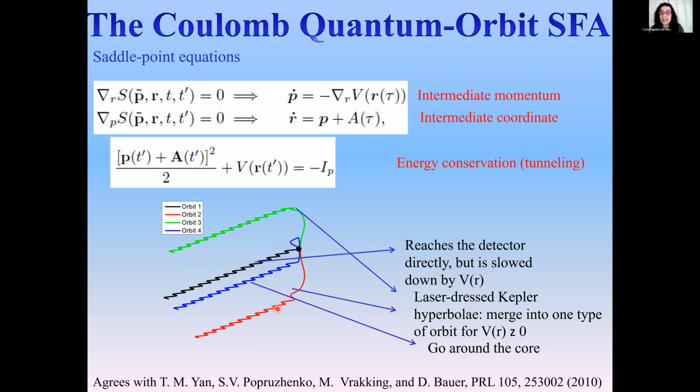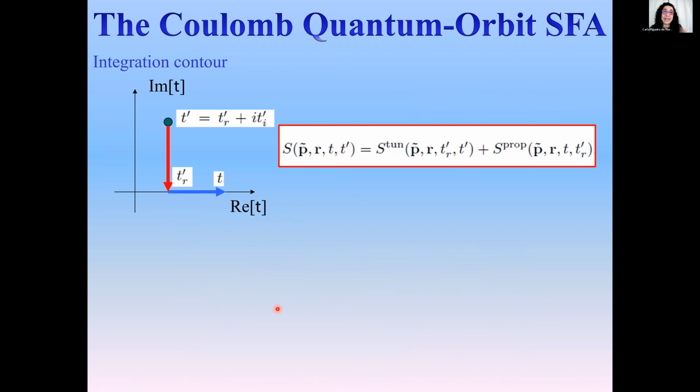So it looks a lot like what you would have if you considered the Born series with a single vector for scattering. And if you look at how to integrate, we took a contour which is actually very widespread. First we went down, considering you have tunneling, so you went down from a complex time, because we have to solve a complex problem, to the real axis, and then we moved from here to t and took t to infinity.